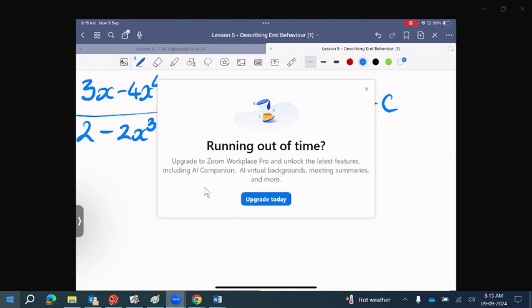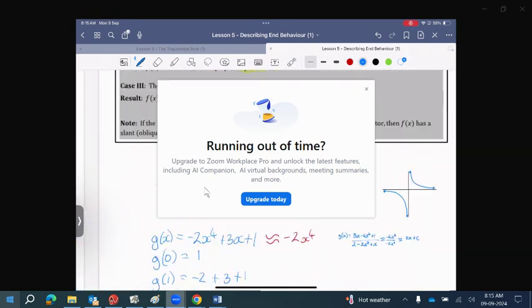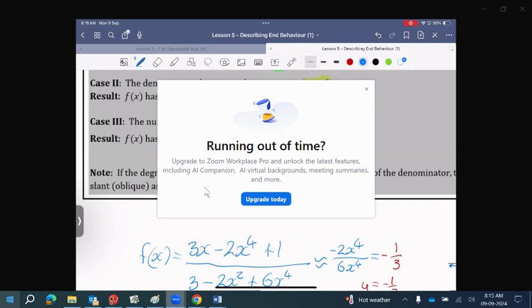We're going to do that with, depending on which technique you learned last year, either polynomial division or synthetic division. Okay, so this is our third case. In the third case, the numerator has a higher power, a higher degree.